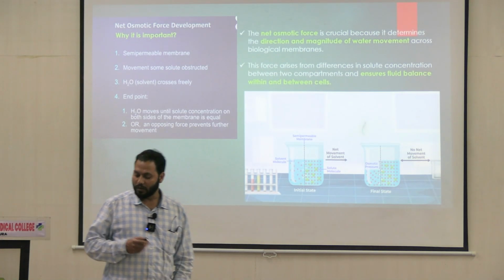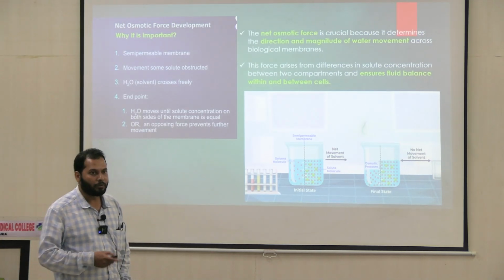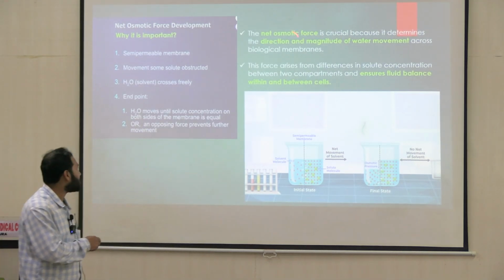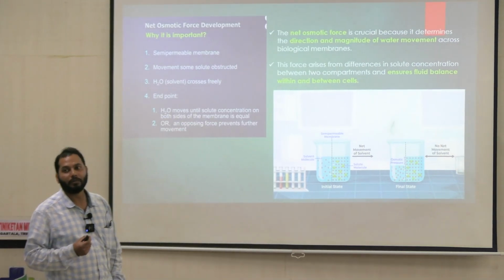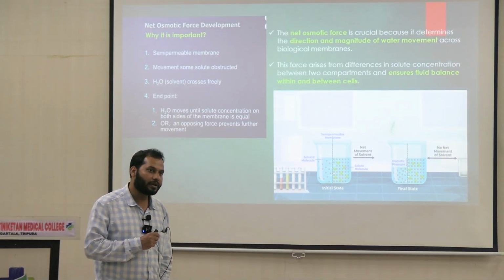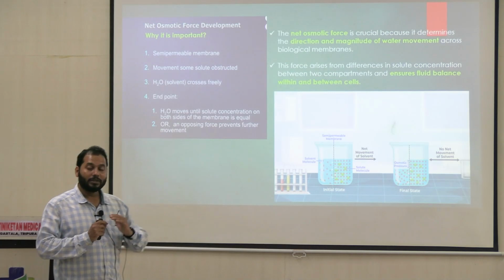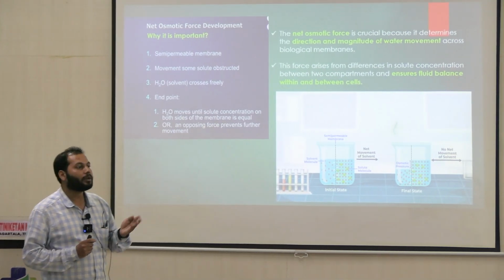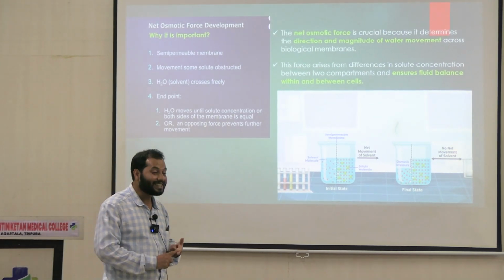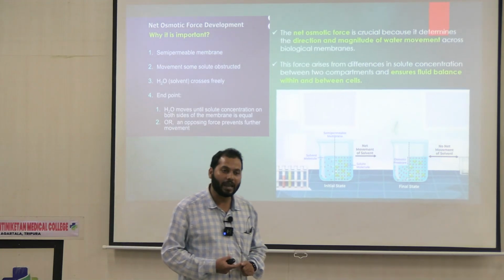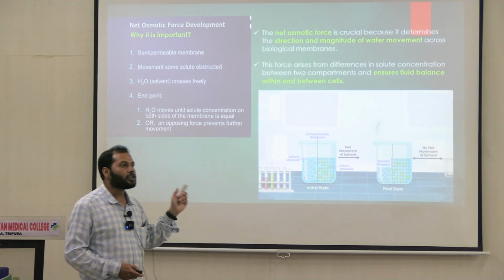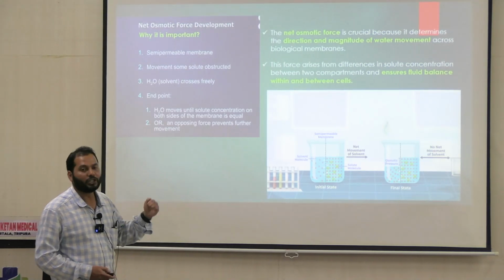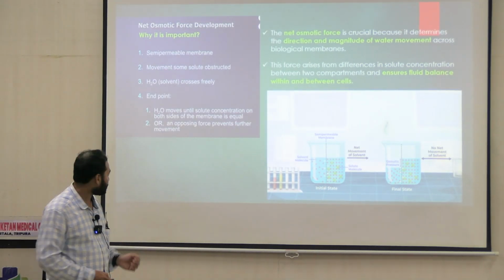After equilibrium is reached on both sides, the net osmotic force prevents further movement of water molecules through the cell membrane. This prevention is essential to maintain the fluid balance inside the cell. This is the importance of the net osmotic force.